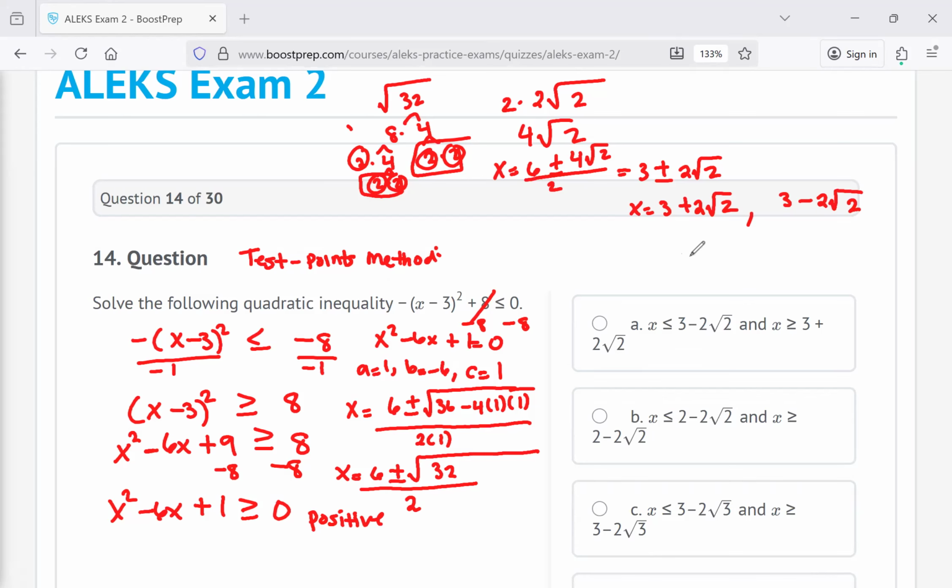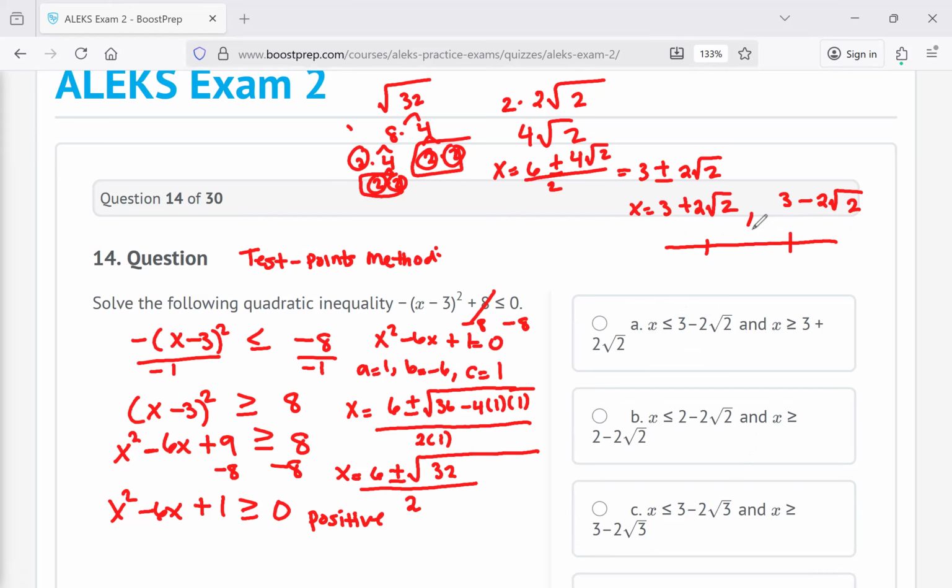Okay. So if you look at all the choices, the only one with the 3 plus 2 square root of 2 is A. But notice, look at the sign. Why is the sign x is less than or equal to and x is greater than or equal to this? This is where you do the test point method. So here are my two x values.